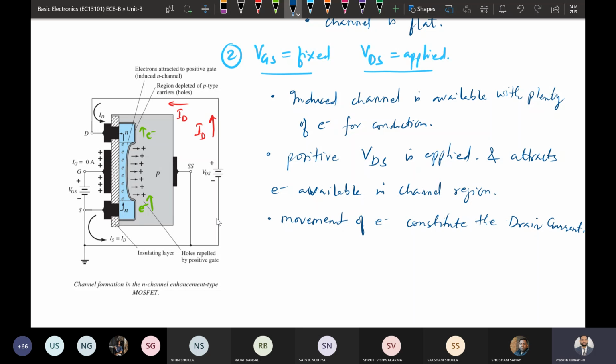So ID will be because of this movement of electrons available in this channel region, and that movement will be because of the applied drain to source voltage.